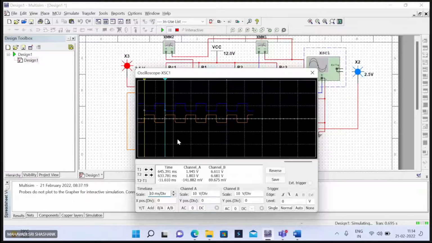Yes, ma'am, it's 90 hertz theoretically. 90 hertz. And practically you are getting 150. I guess I have measured it wrong.